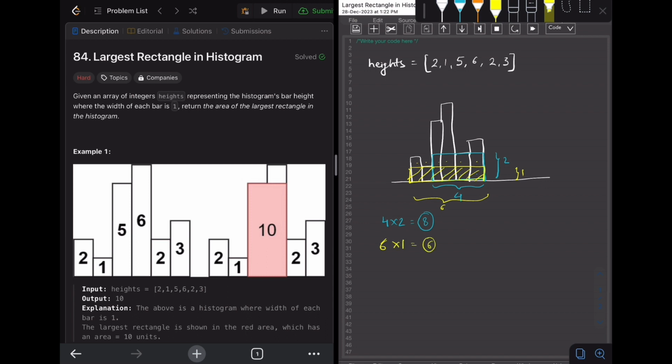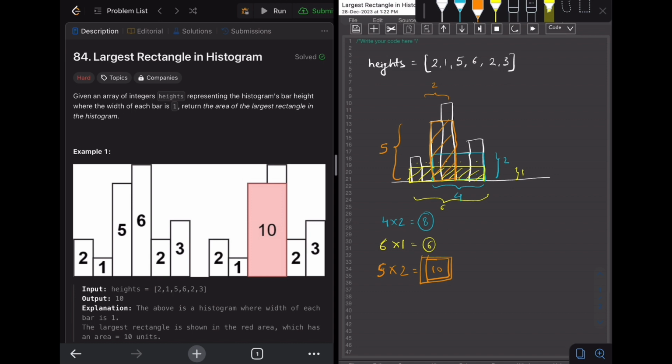Okay, let's see if there are any larger rectangles in here, which is, as you can see on the left side, this one. The height is 5 and the width is 2. Here 5 times 2 is 10, which is the largest one. Okay, so some of our largest bars were able to give our largest area.